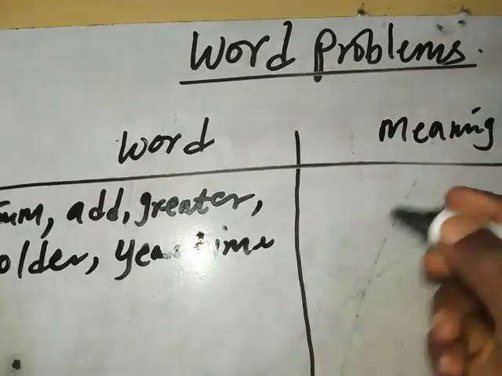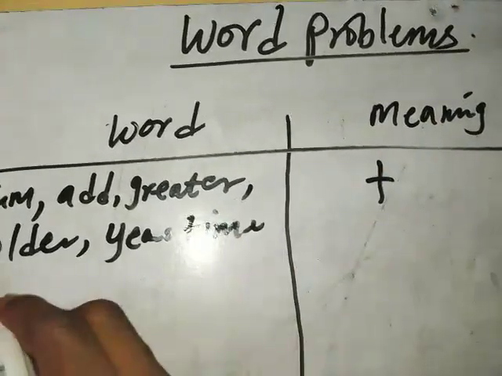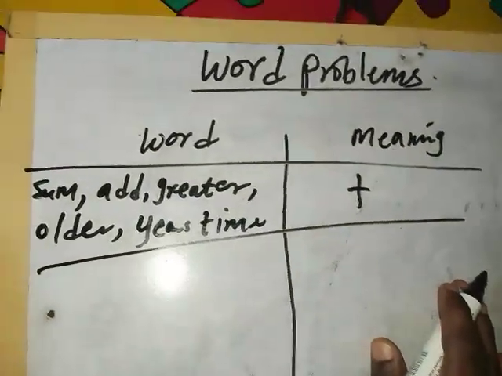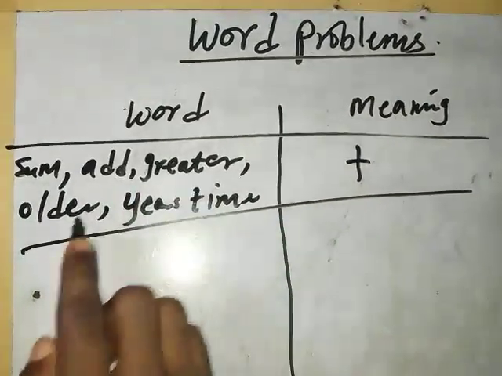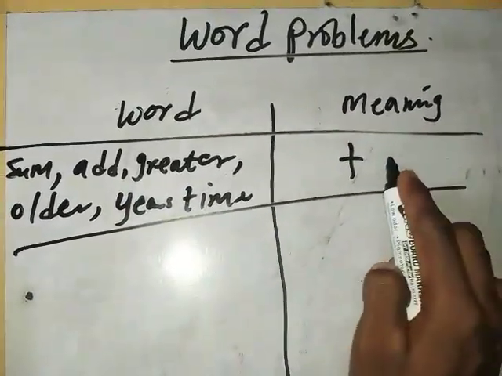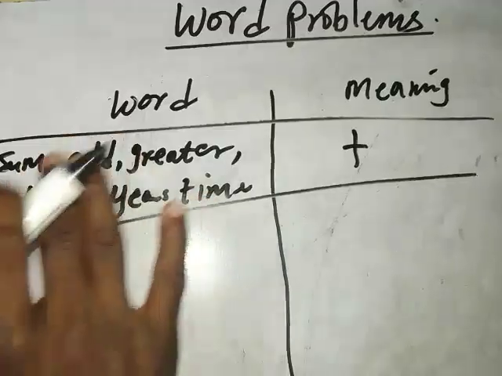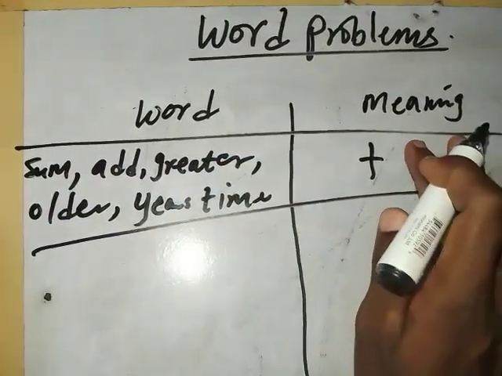The meaning of this is to add, that is plus. Are you there? When you have some, add, greater, older, years time, it means that you should add. So anyway you find this, it means that you should add.